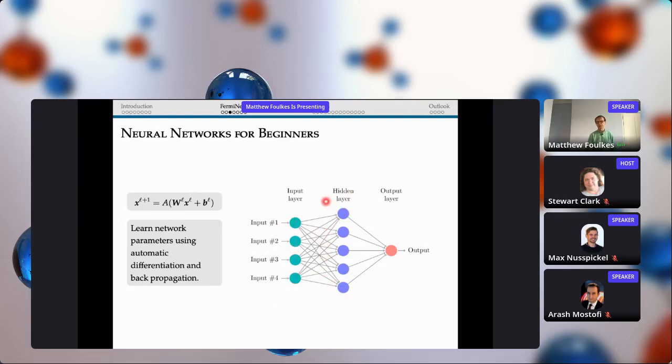So this would be a 5 by 4 matrix here, acting on the 4 inputs to get the 5 hidden layer values. And that's the matrix W here. You can also add biases, which are just adding a constant vector. So that gives you a mapping from this layer to this layer, but so far it's just linear. And even if we have multiple layers, a composition of linear transformations is still linear. So it can only represent linear functions at the moment.